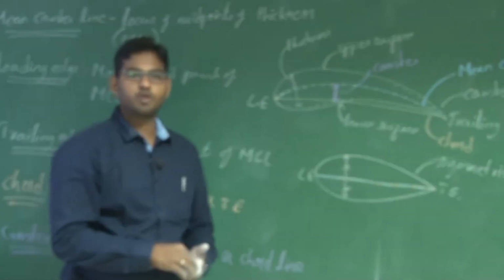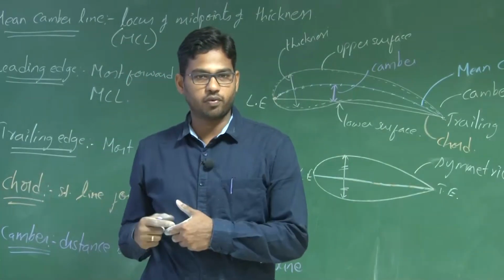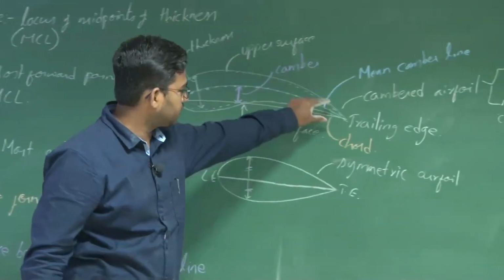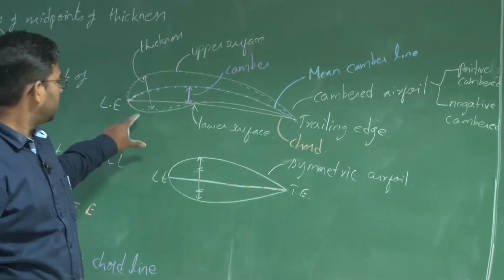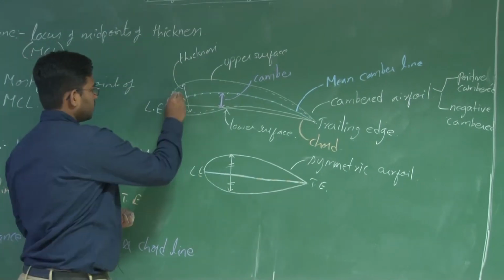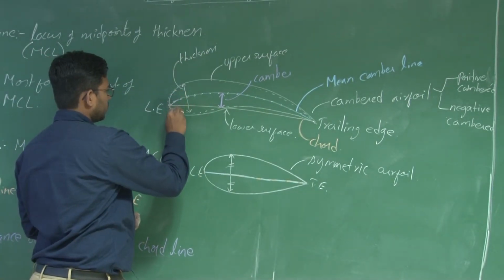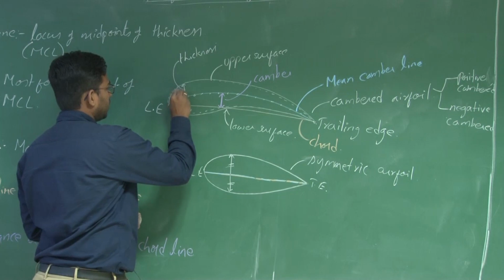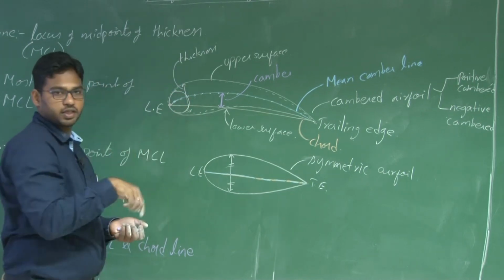So let us see how to plot an aerofoil. Ultimately, what do you require? You require the upper surface and lower surface, that's it, right? And something called the leading edge radius. This curvature, which is tangent to the upper and lower surface, is known as the leading edge.